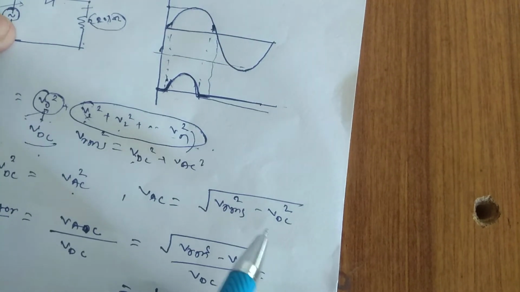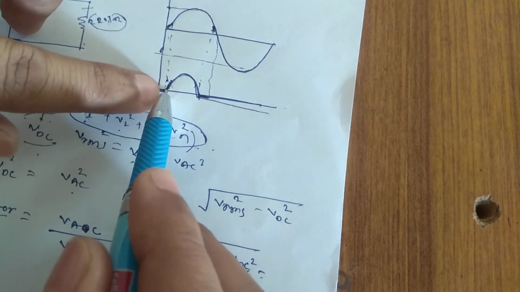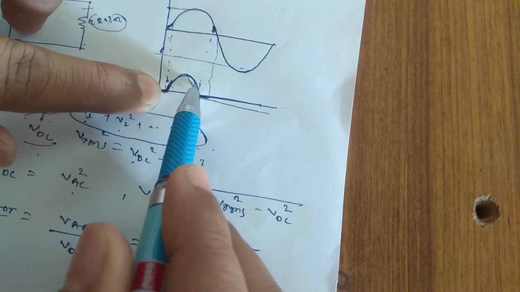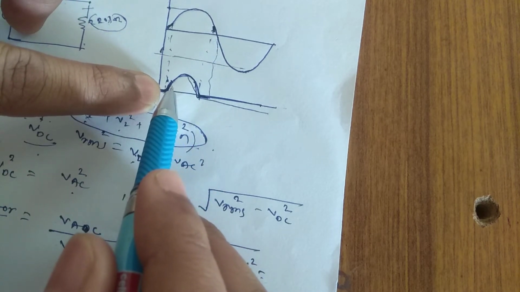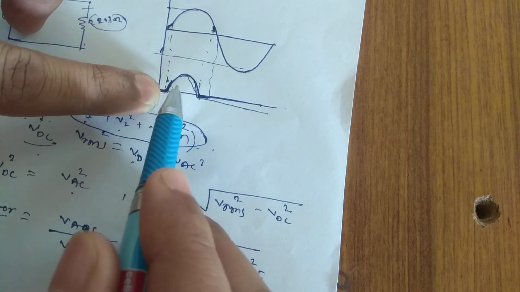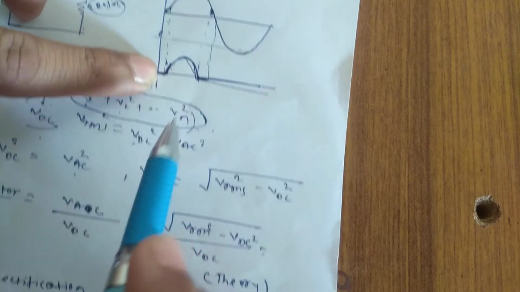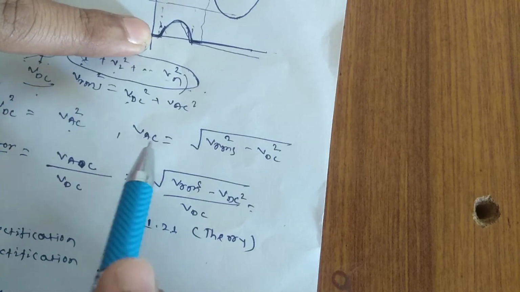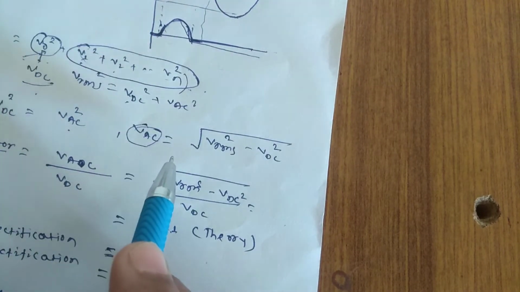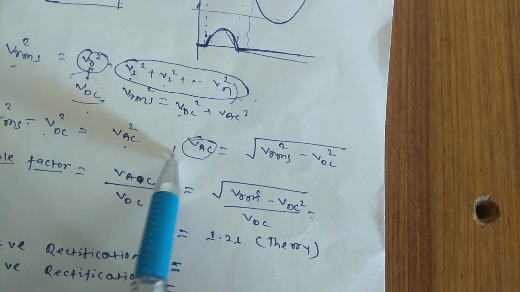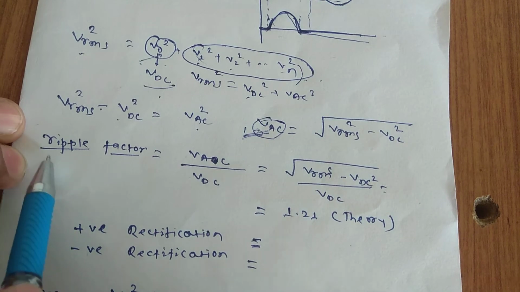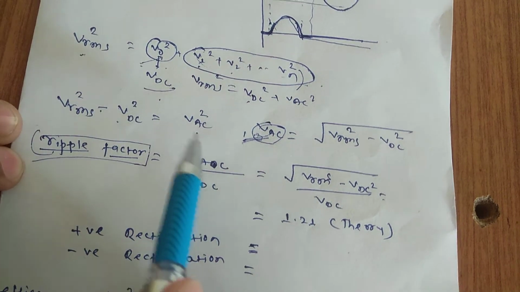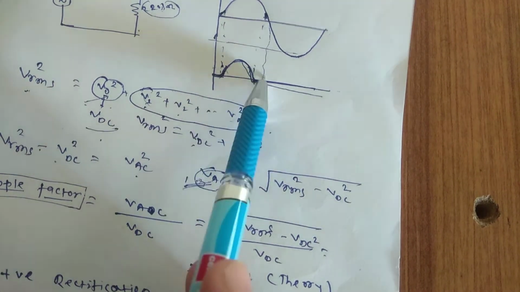Our main aim was to get the DC value, but we are not getting only DC, we are getting the AC also. So we found out how much AC component is there, and we want to calculate that amount. That is given by the name ripple factor, which means how much ripple is present in your DC component.